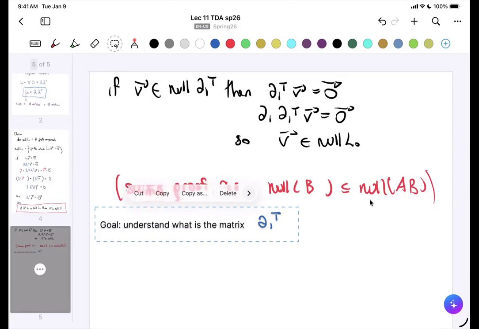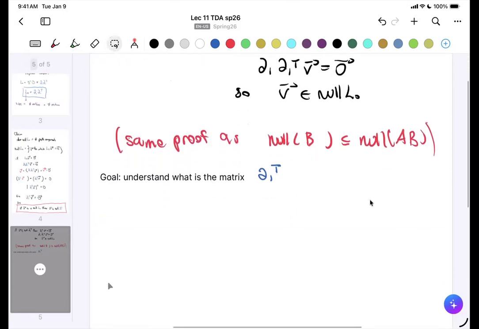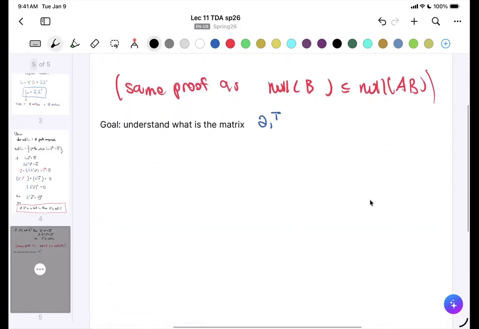An analogy: this is probably my favorite matrix in linear algebra, at least in 250. What is this matrix?